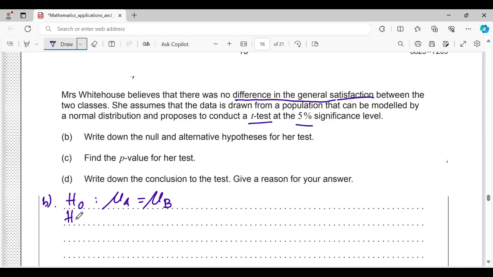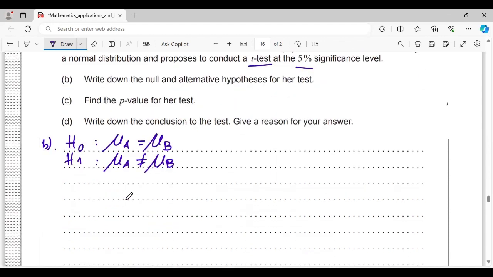Meanwhile, the alternative hypothesis, H1, is mu A different from mu B. It means mu A differs from mu B. Maybe class A's level of satisfaction is different from class B's level of satisfaction.